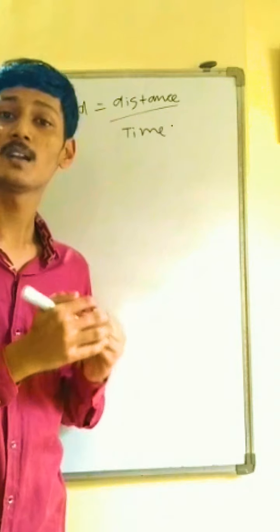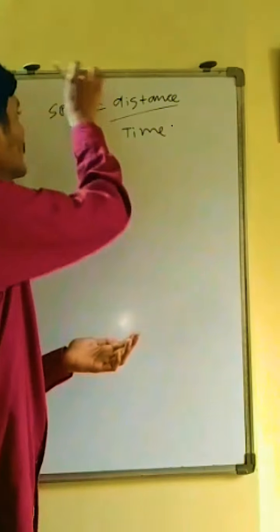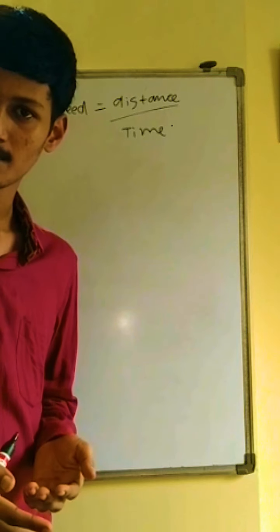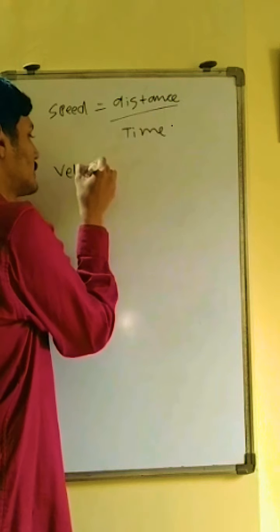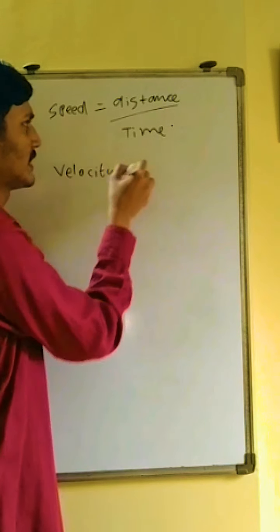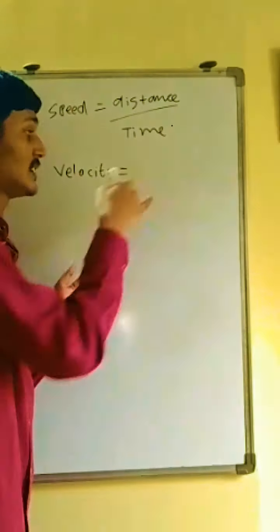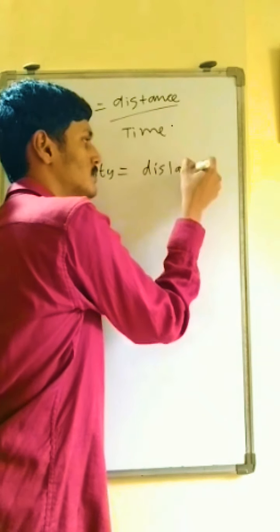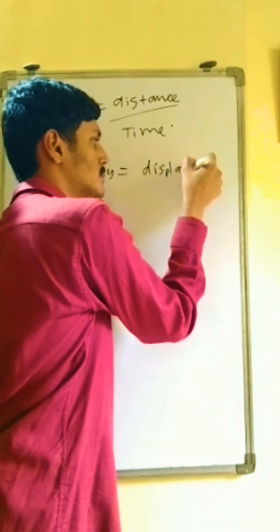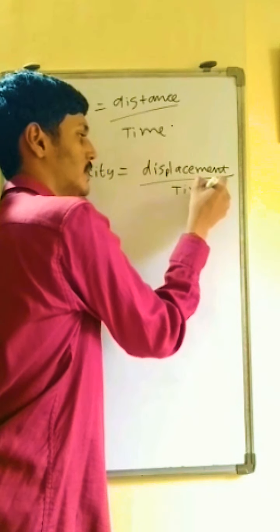So if we cover some distance in a given time period, that is termed as speed. And velocity is slightly different. In speed, we cover a certain distance. Velocity is in terms of displacement in a given time period.